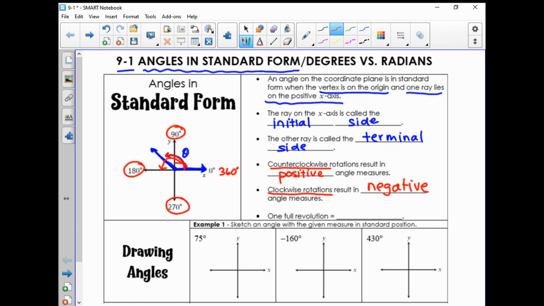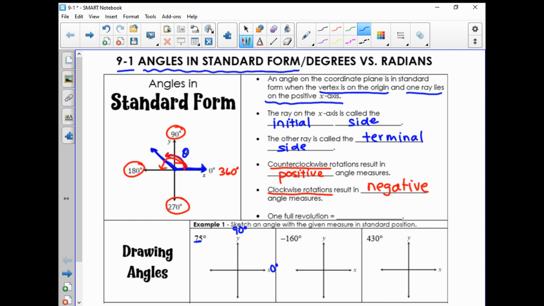On homework and on quizzes, this is going to be quite important: they're going to ask you to sketch angles. It does not have to be perfect, but you want it to be kind of to scale. This was 0 degrees and this is 90 degrees, so I know that my 75 is less than 90.